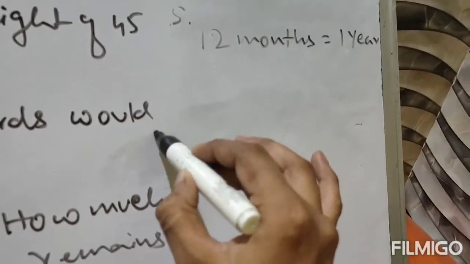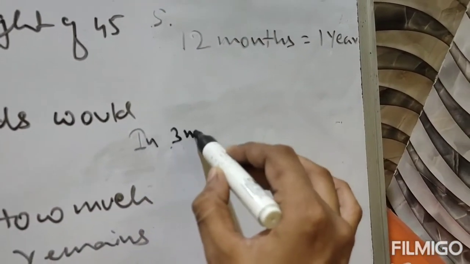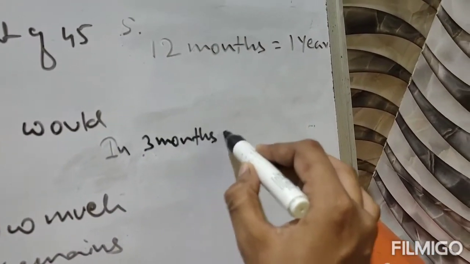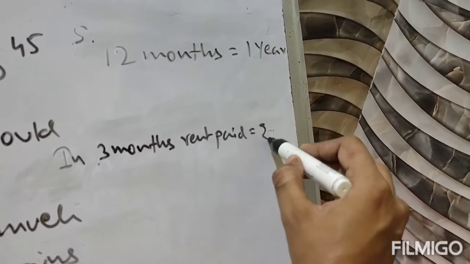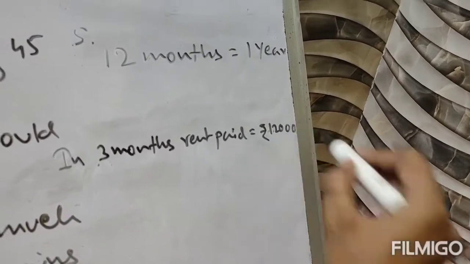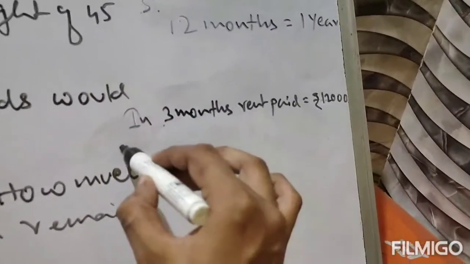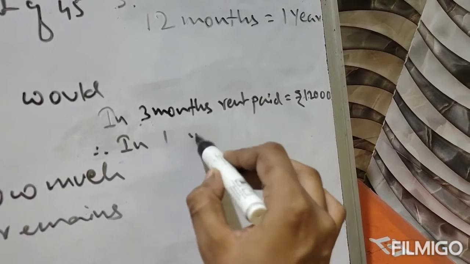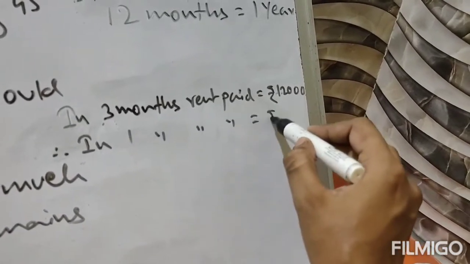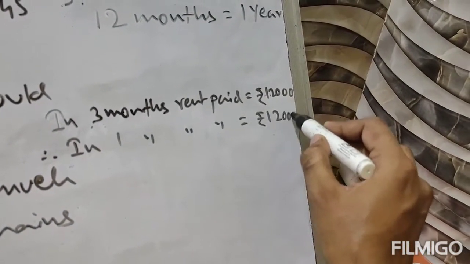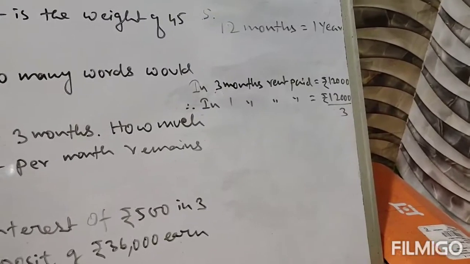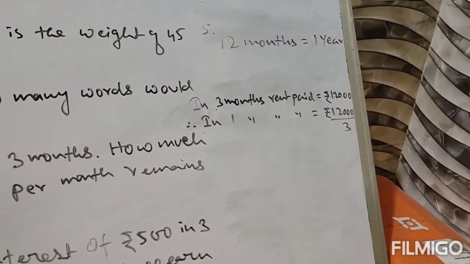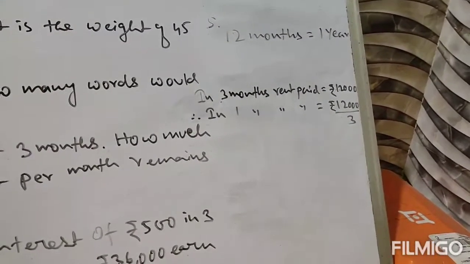So just write: in 3 months rent paid equal to rupees 12,000. Therefore in 1 month he will pay less than 12,000, because if in 3 months he paid rupees 12,000 as rent, now in 1 month he will pay less, because the number of months decreases, so rent will also decrease.